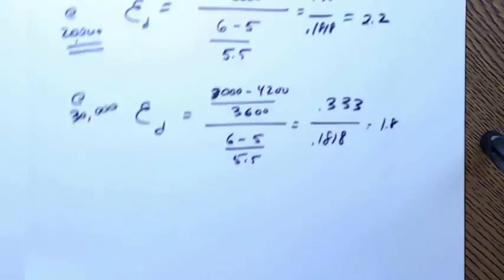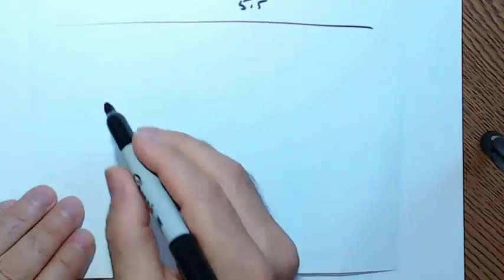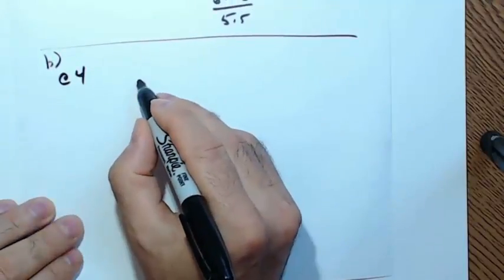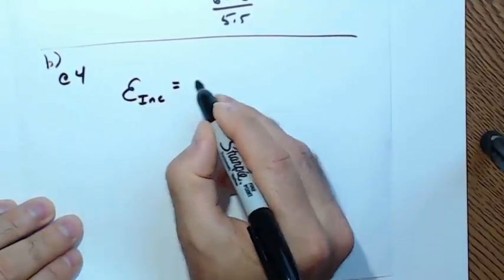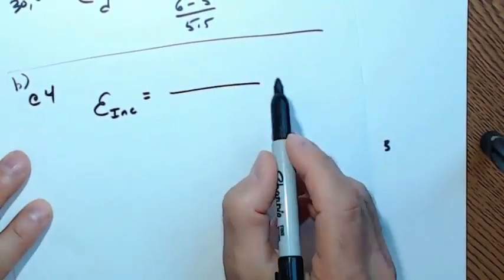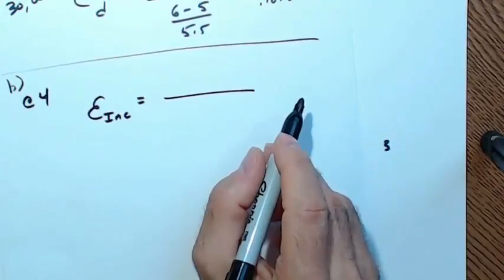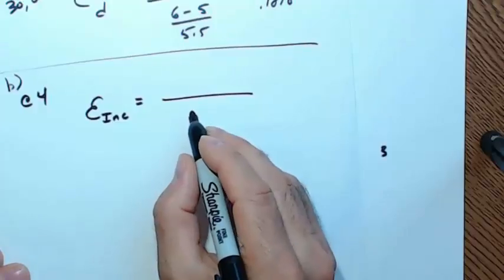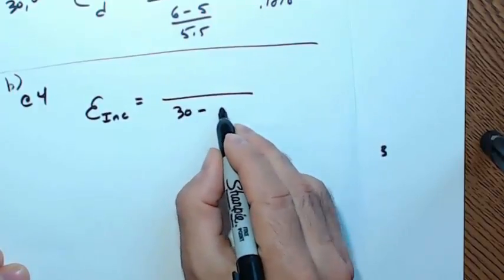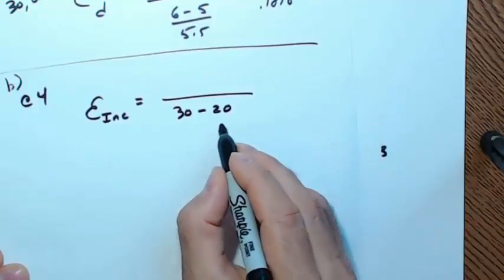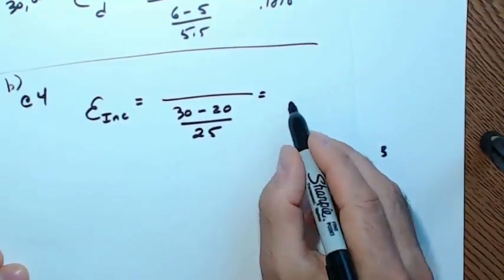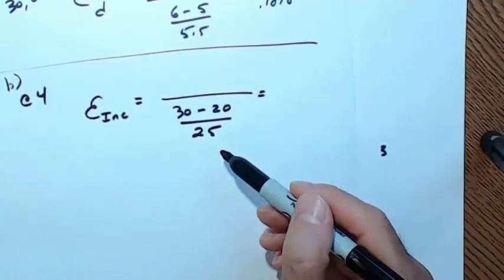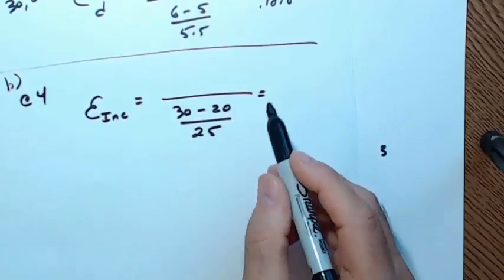Okay. So for B, at a price of $4, we're going to have income elasticity. We're looking at average tourist income going from 20 to 30,000. I'll chop off the zeros. That's the bottom of the fraction. Remember, it's how income changes quantity demanded in this case.